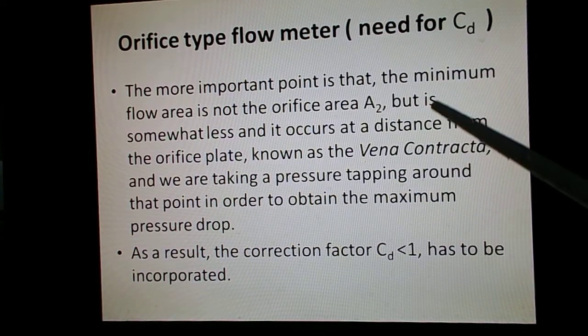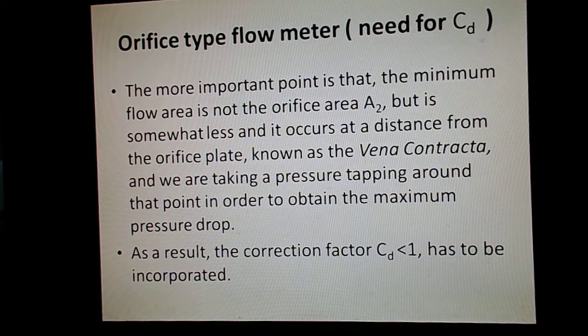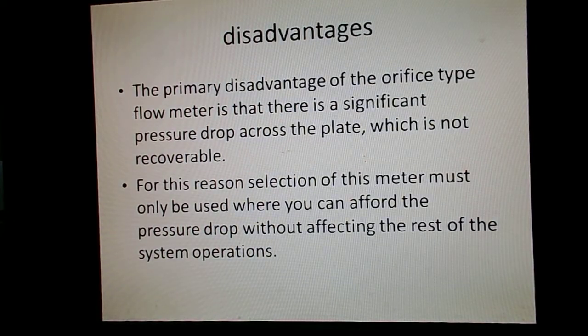So here we can see that the minimum flow area is not orifice area A2, but in the formula we are using orifice area A2. As a result, the correction factor CD less than 1 has to be incorporated. What are the disadvantages of orifice plate?